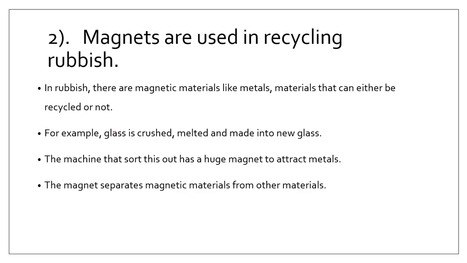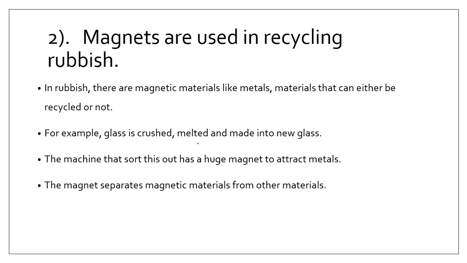For example, glass is one of the materials which is found in rubbish. If you want to recycle glass, you can crush it and melt it and make new glass.